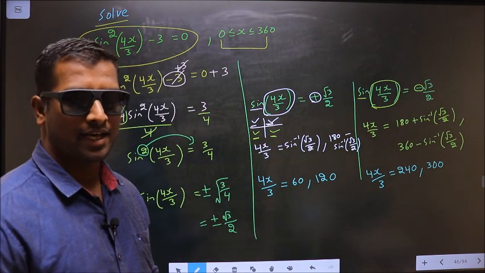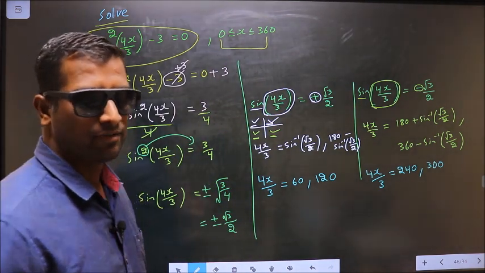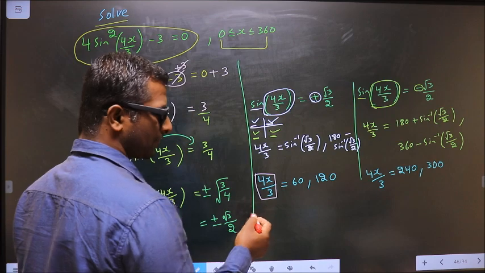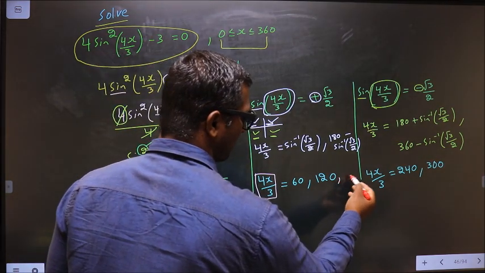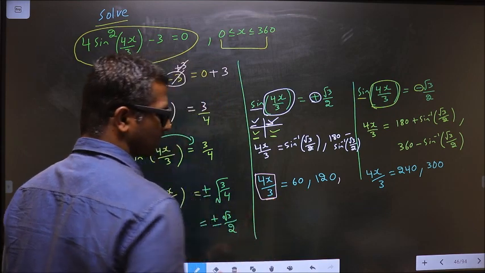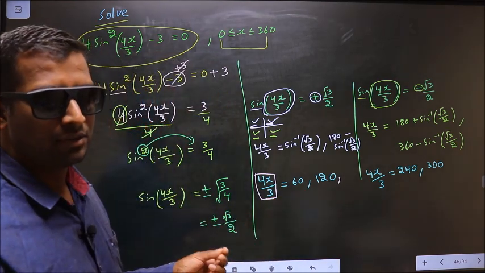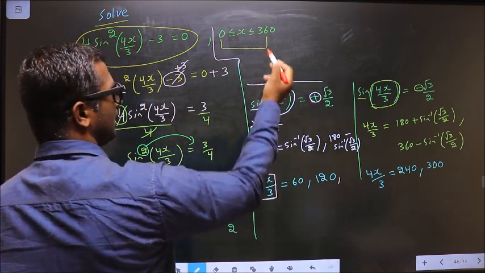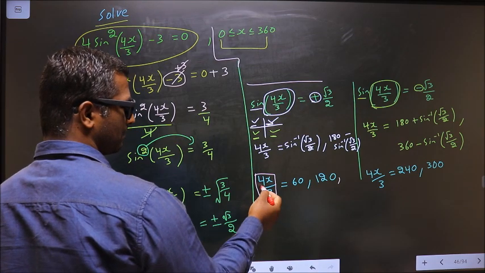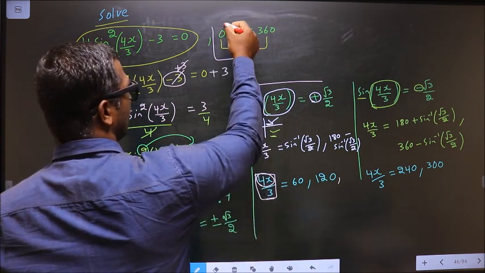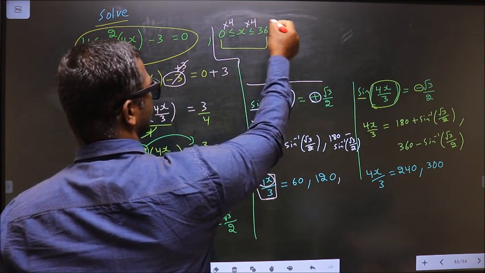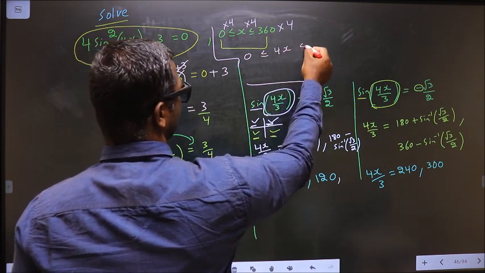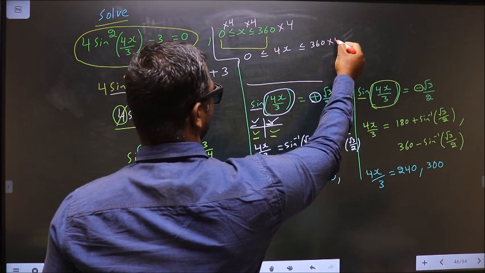Now the question arises, in what interval should the values for 4x/3 lie? And how many values shall I find for this? To answer that, we do this. Here x lies in this interval. We should get 4x/3. First, to get 4x, you multiply by 4. So we get 0 ≤ 4x ≤ 360 × 4.